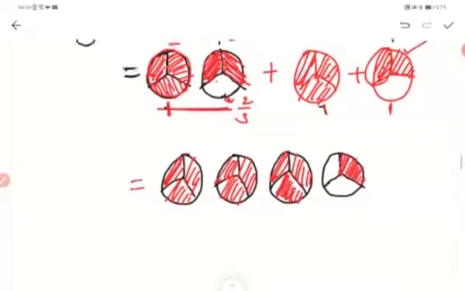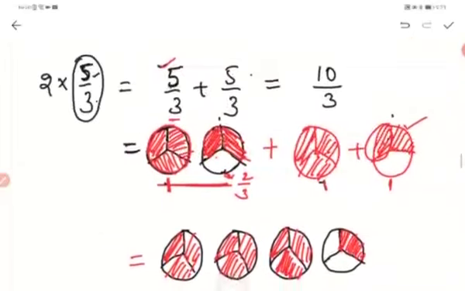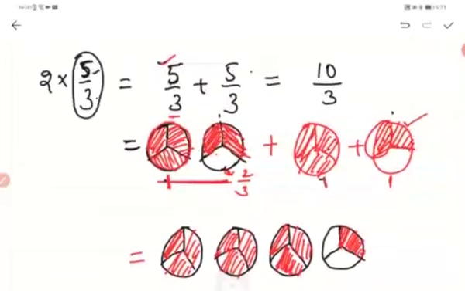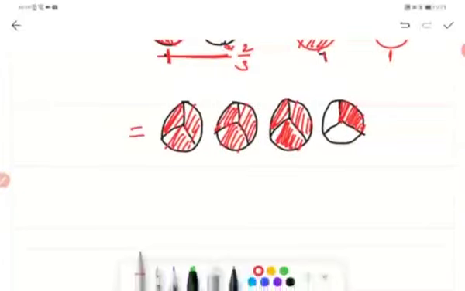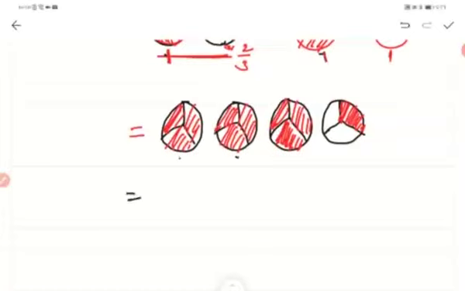So now tell me, students, I haven't calculated this 10 by 3 in the mixed fraction. By just looking at the figure, tell me what will be your answer. So this is 1 2 3, 3 wholes, okay, and this will be a fraction part, it is divided into 3 regions and only one is the shaded region, so this will be 3 1 by 3.